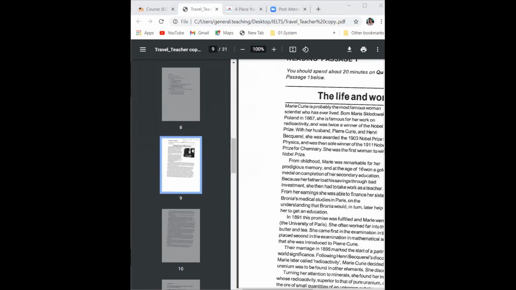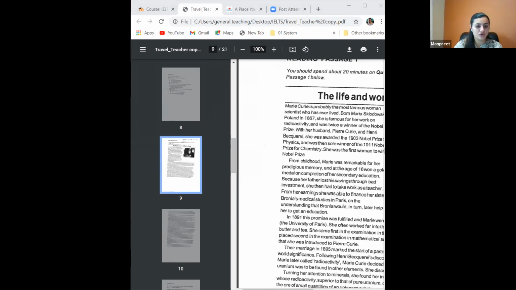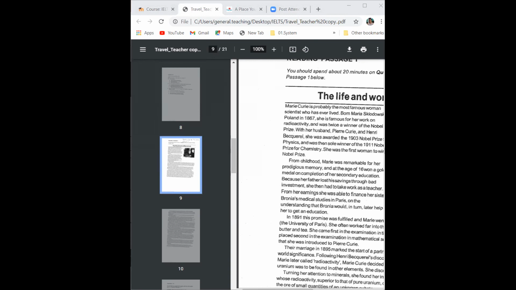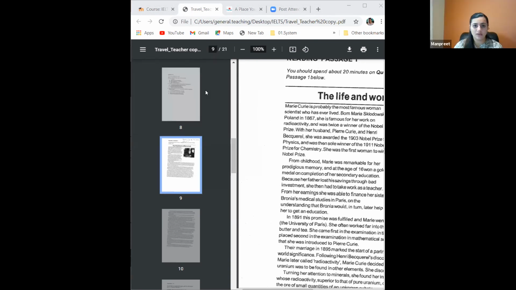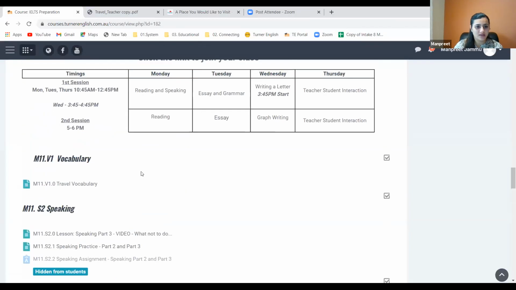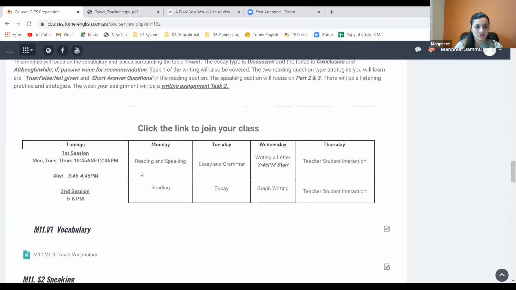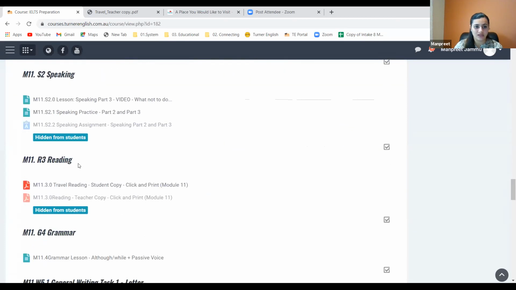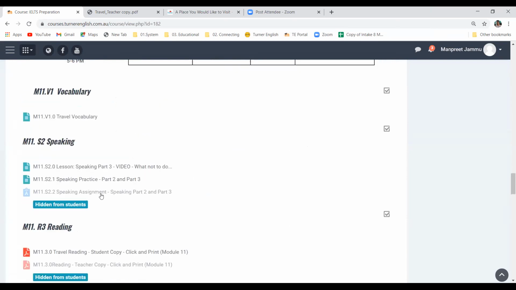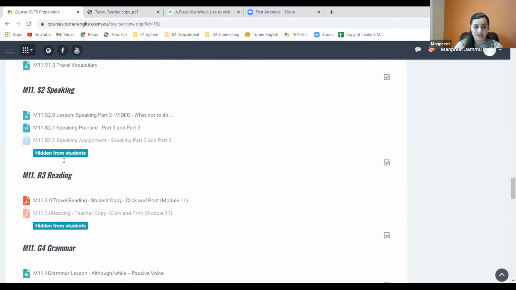Pardon, I couldn't find the reading. Where is it located? So it's in module 11. Okay. Yep. So just scroll down a little. Let me share the screen again. So module 11, this one, and you go down a little bit and it says reading. So there's vocabulary, speaking, and the third section is reading.